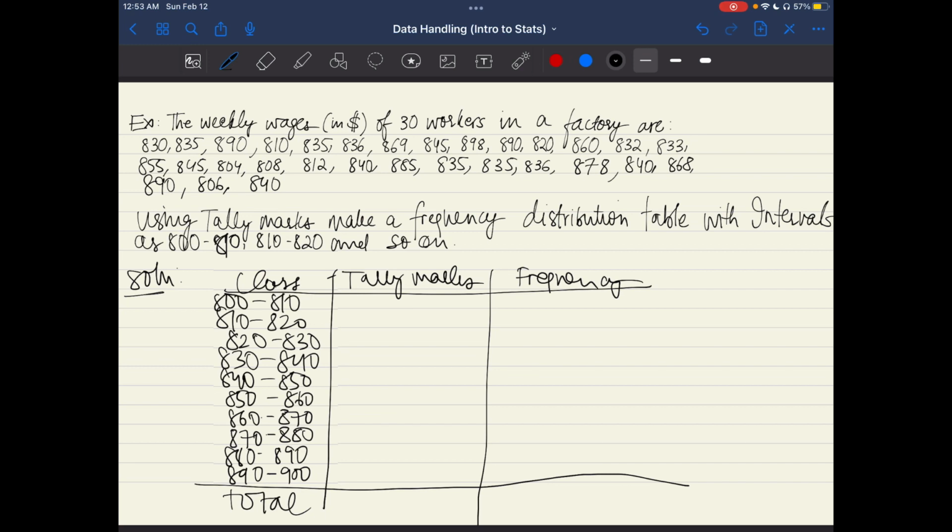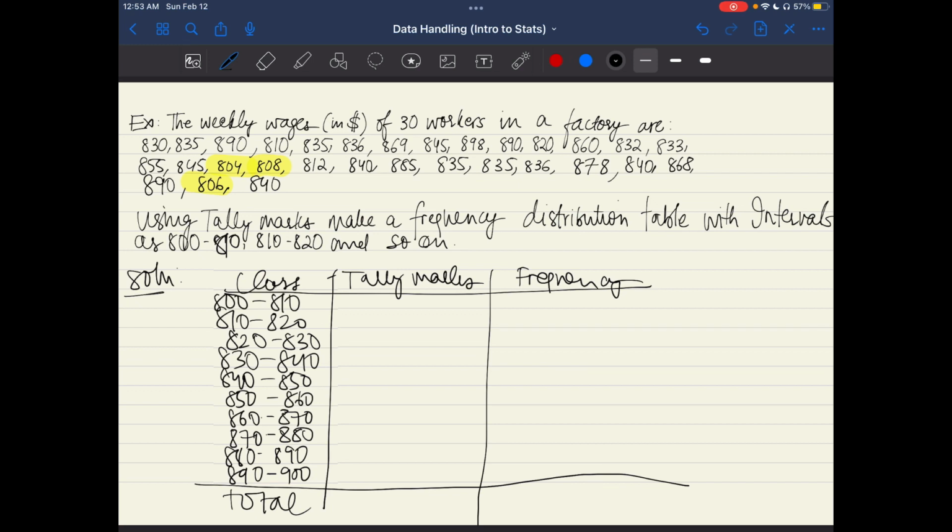Okay, so in the first class, which is 800 to 810, how many wages fall in this frequency class? Of course 810 will not be included in this interval, it will be included in the next one. So we have 808 and 804, and then we have 806 as well.